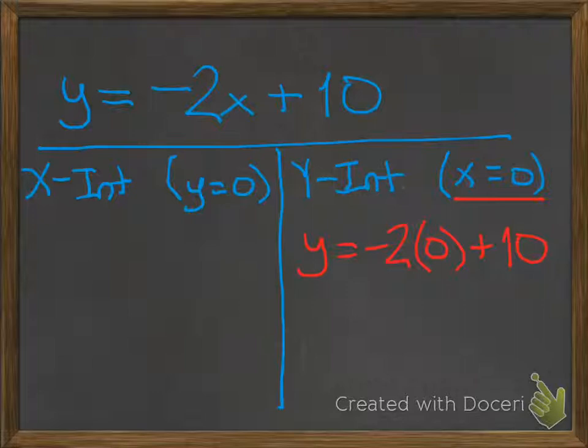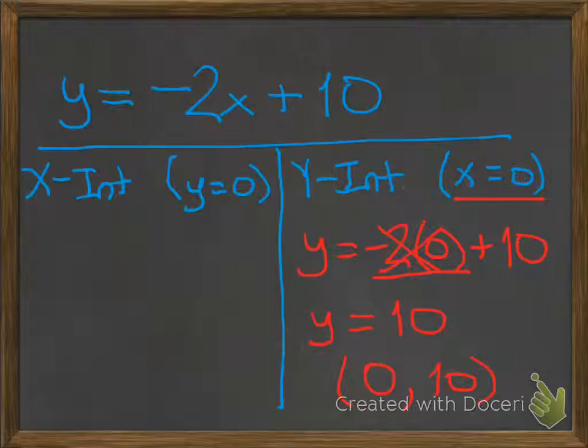If we simplify this, negative 2 times 0 is just 0, so that cancels out. All we have left is y equals 10, which means our ordered pair for this y-intercept would be 0, 10. So the y-intercept for this equation is 0, 10.